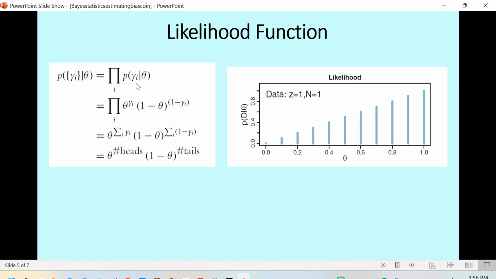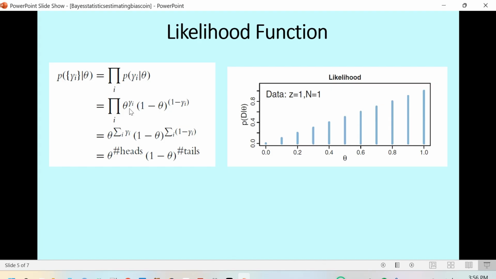Because they are independent, we can multiply the probabilities together to get the whole likelihood function for multiple flipping. So the expression is just this expression with the product symbol.